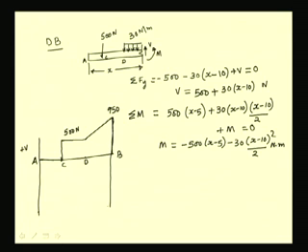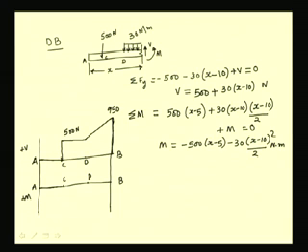Let us draw the bending moment diagram, to some scale. We have already seen for the section AC we have the bending moment to be 0.